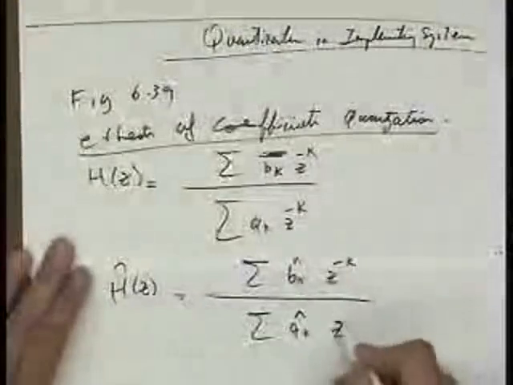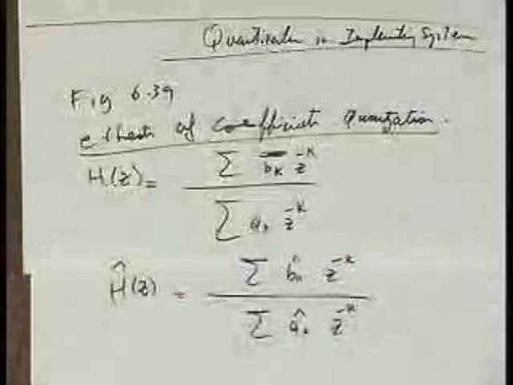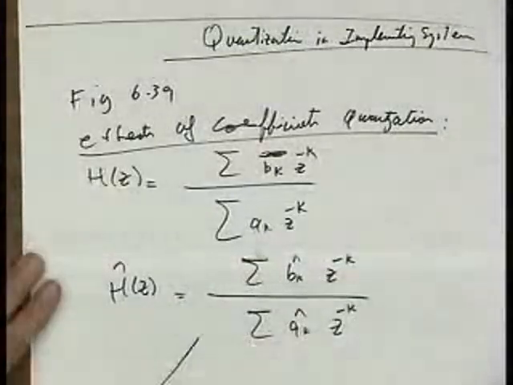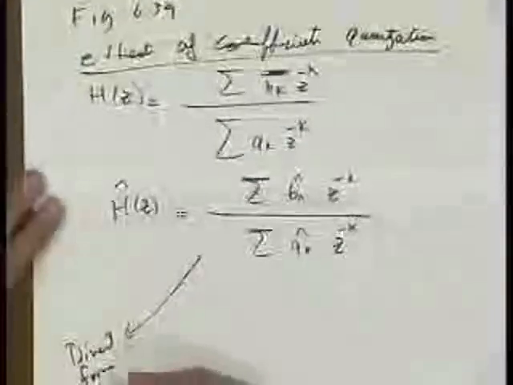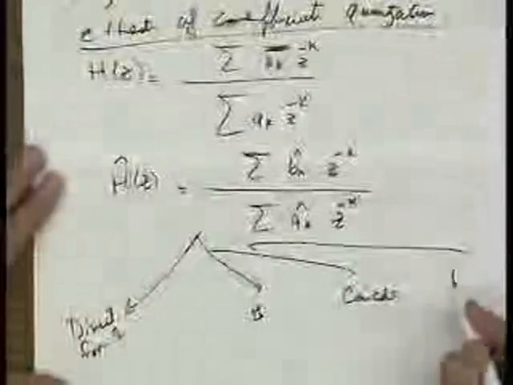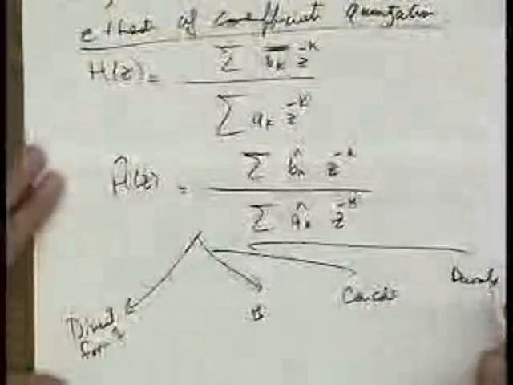And the thing that you worry about here is that you can implement this IIR filter in various forms: direct form 1 and 2, cascade and parallel. And one of you asked me before, what's the difference between these?